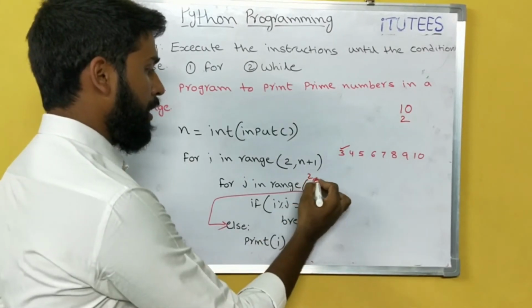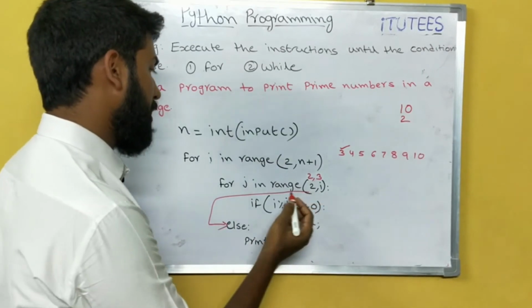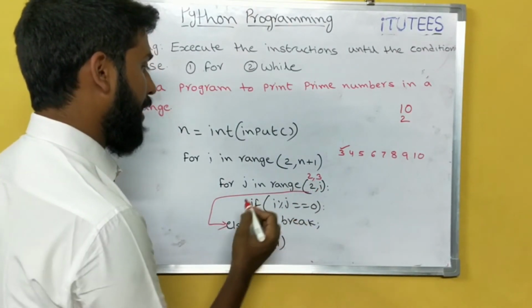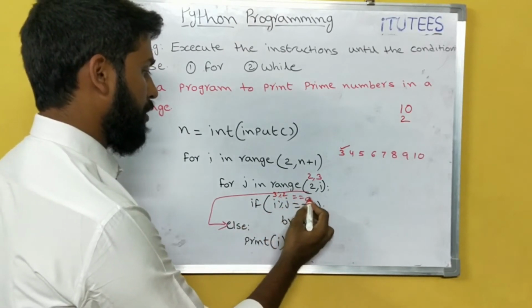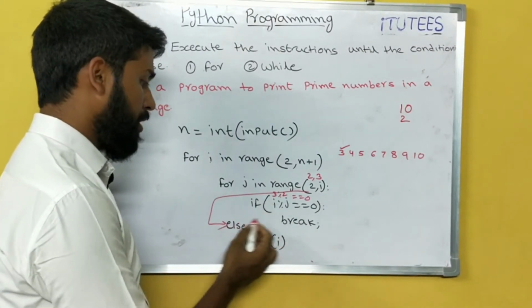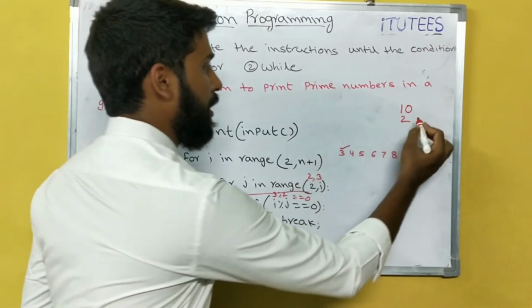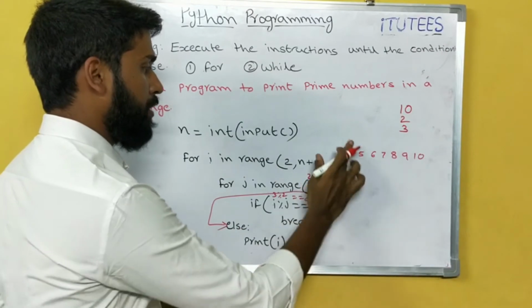Range 2 comma 3, so we enter into this loop. 3 % 2 equals 0? No, it is false. So the break is not executed, so the else block will be executed, print i. 3. Next it becomes 4.